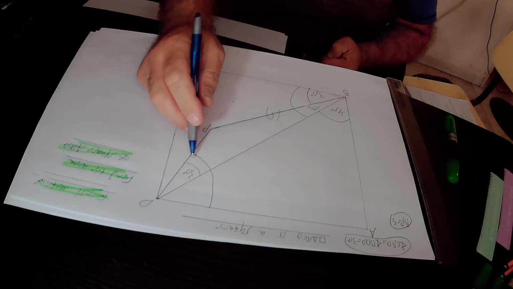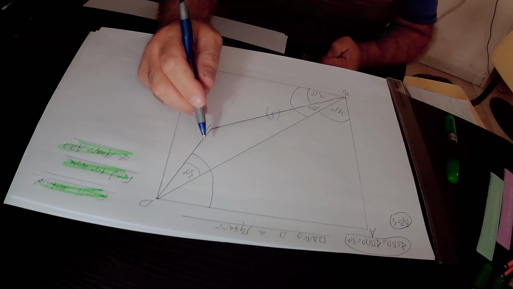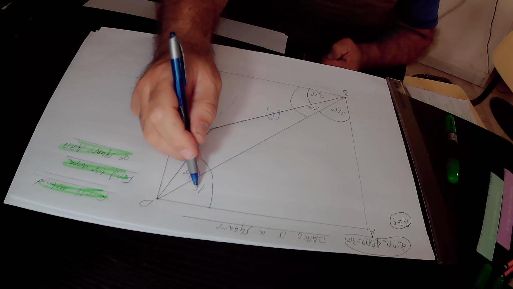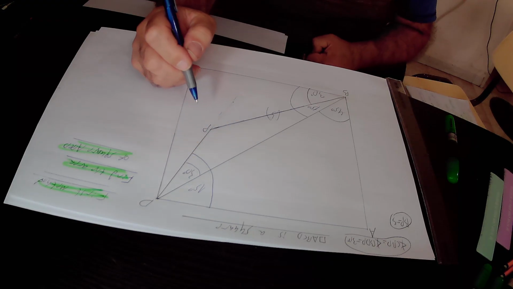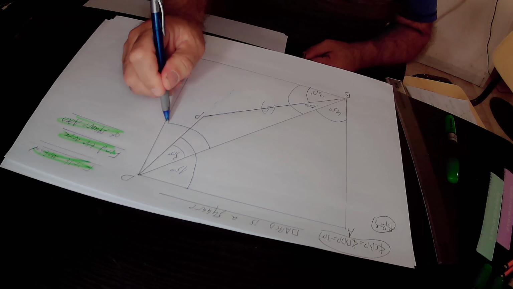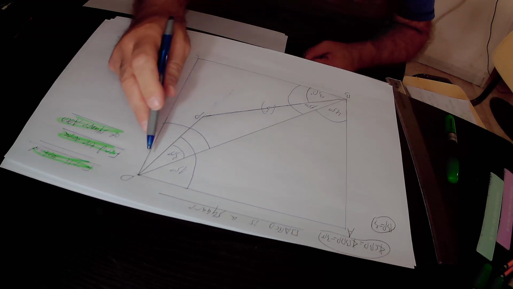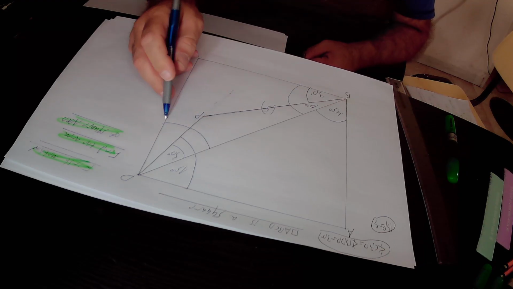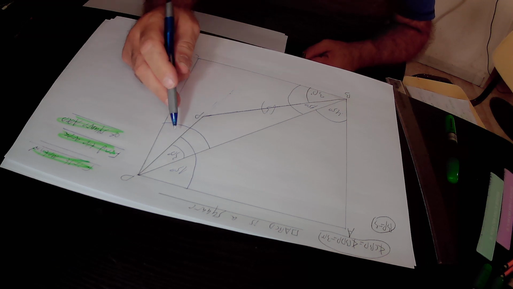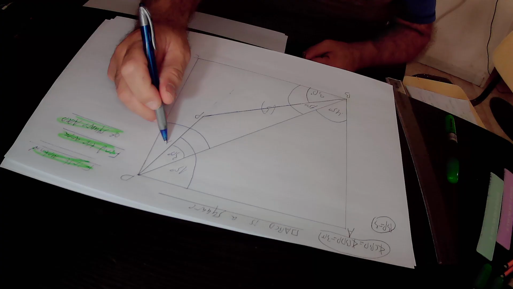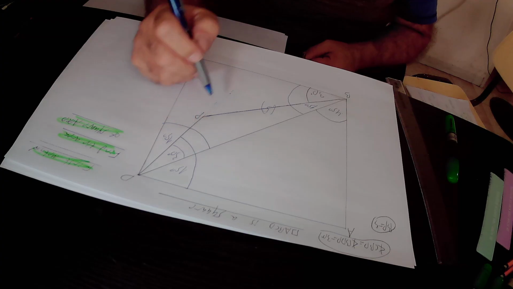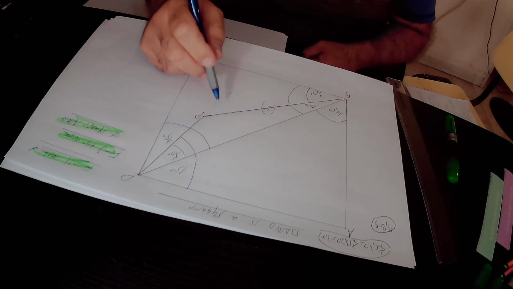But this angle equals 30 degrees, and therefore this missing angle must be equal to 15 degrees in its size. Likewise, this is the second half of angle ADC, which equals 45 degrees in its size.